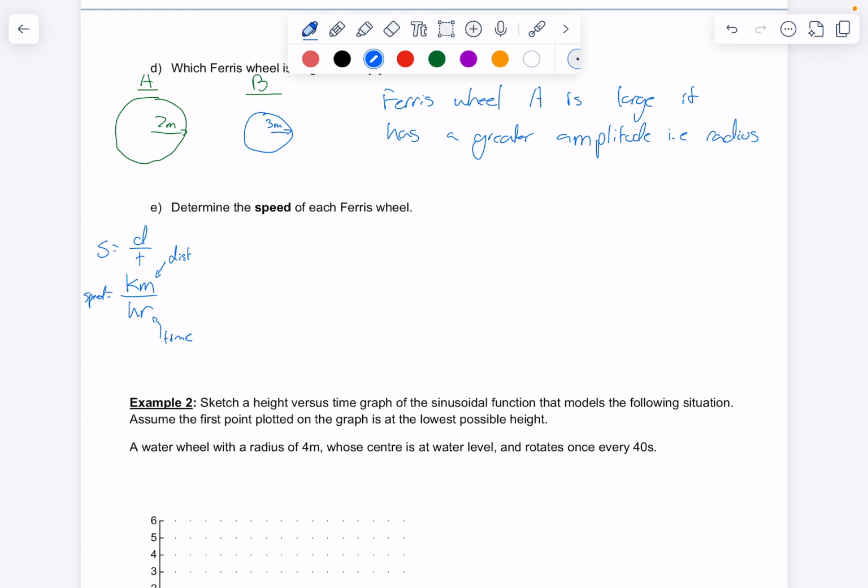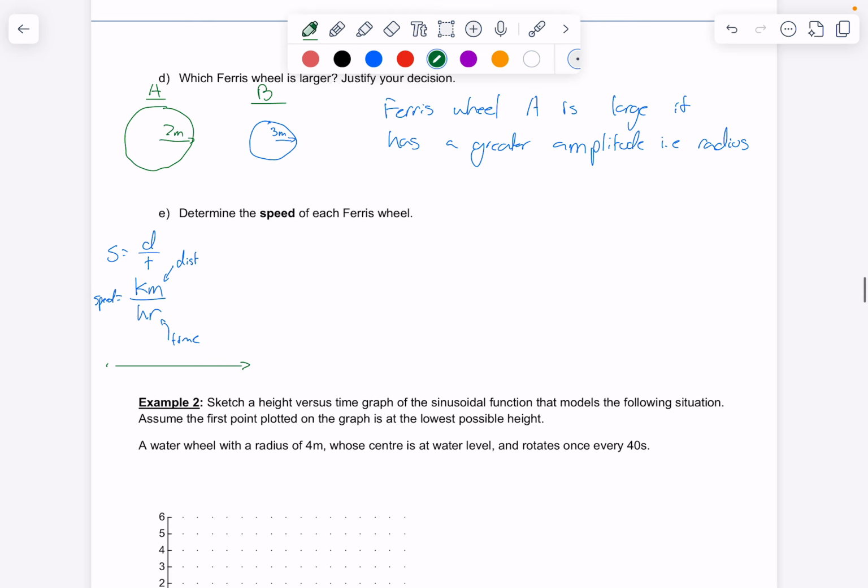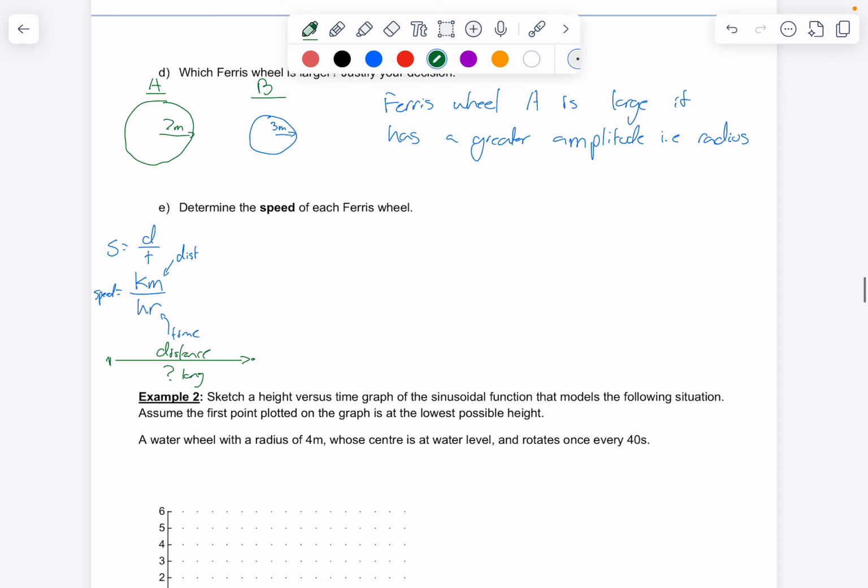But in this problem it's slightly different because we're not traveling in a straight line when we're doing sinusoidal functions, right? So it's not like you can take a tape measure and measure your distance here and say, how long did it take me to get that? No, in a Ferris wheel or just any circular motion, you are starting at the bottom or wherever, and you are traveling in a circle all the way around.